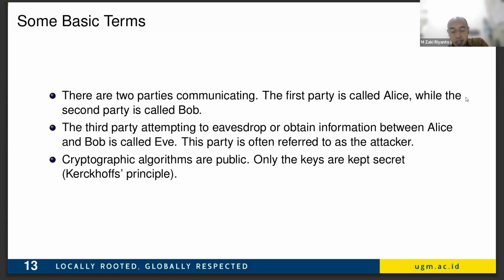Eve is an attacker here, so Eve wants to know the secret message between Alice and Bob. And here we use the Kirchhoff principle that cryptographic algorithms are public and the keys are kept secret. So everyone knows the algorithm or cipher that Alice and Bob use.